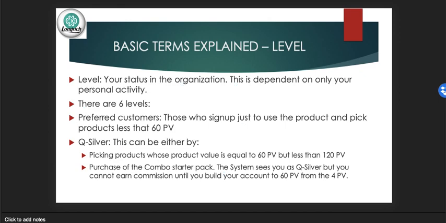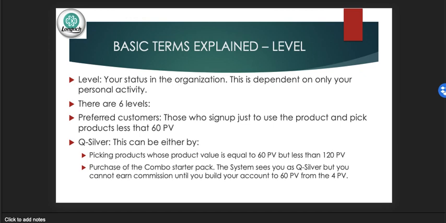Level. Your level in the organization is your status, and this is dependent on only your personal activity. So there are basically 6 levels. Preferred customer. Those who sign up just to use our product and pick products less than 60 PV. For instance, you come up and say, you know what, I love your toothpaste, I want to be using your toothpaste, and you buy 3 toothpaste.